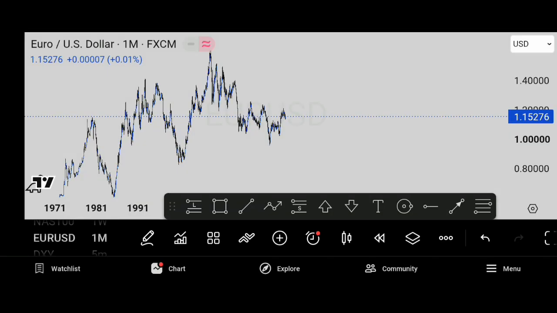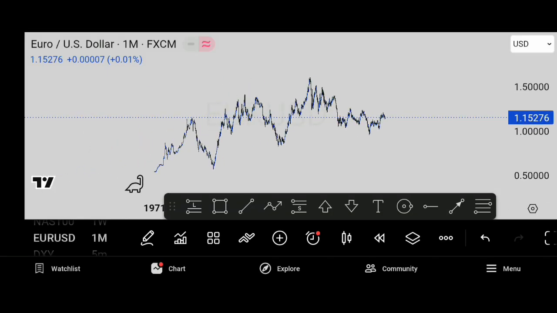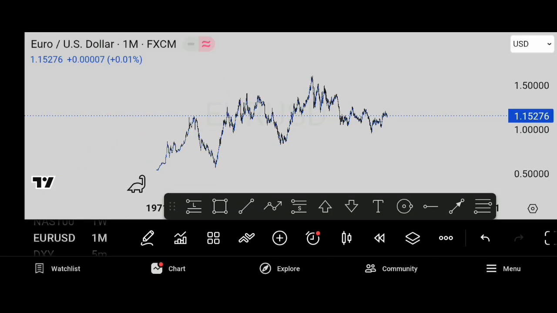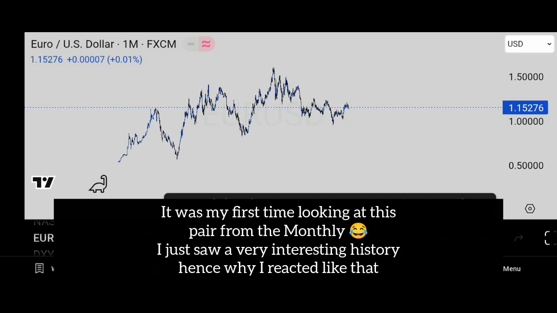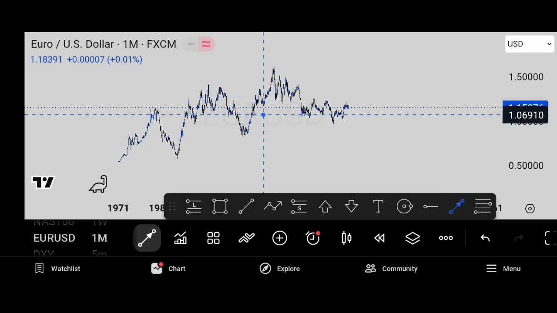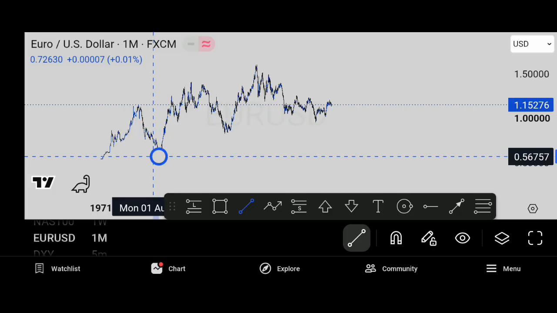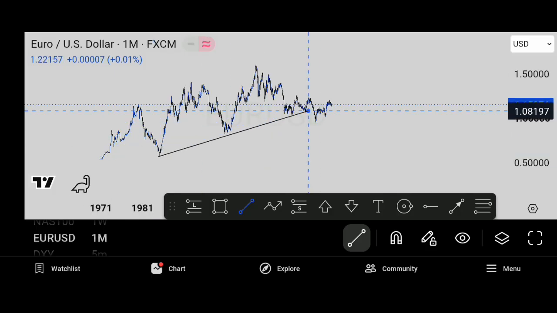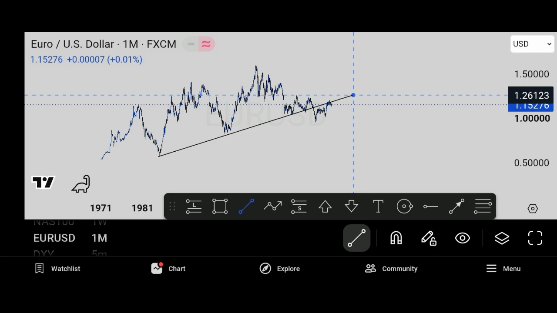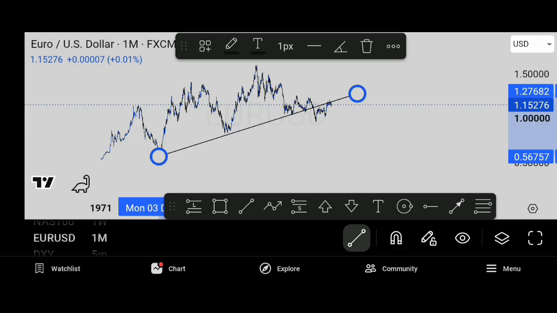We are on the monthly time frame on Euro USD, and when I start my trend from this point and drag it all the way to that point, you guys can clearly see that we do have a breakout and a retest, right?